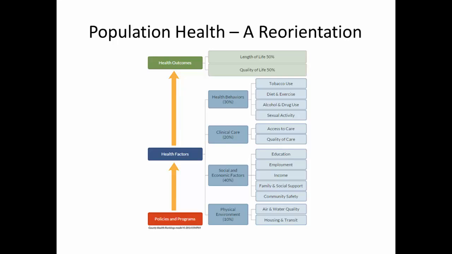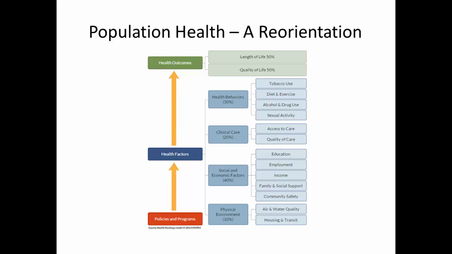And what this chart does is it reflects that thought, that if a patient chooses, for example, to smoke and not exercise and engage in risky sexual activity and abuse alcohol and drugs and doesn't concern themselves with education or employment, doesn't have a family network of support, lives in a dangerous neighborhood that is full of environmental hazards and other things like that, doesn't have transportation to care, all these things add up to a patient that's going to have a hard time getting well, even if the clinical care is the best and highest quality.